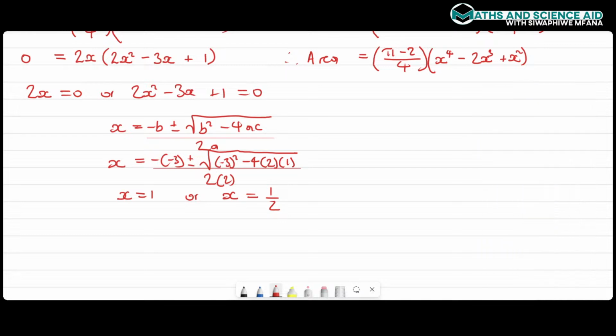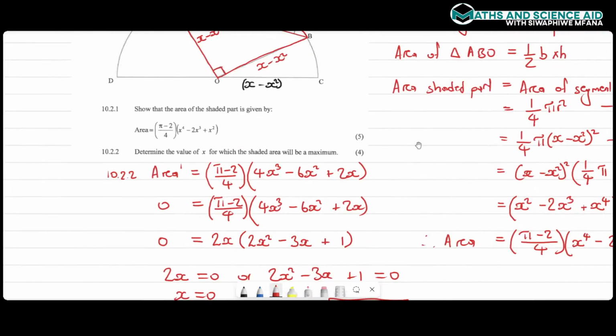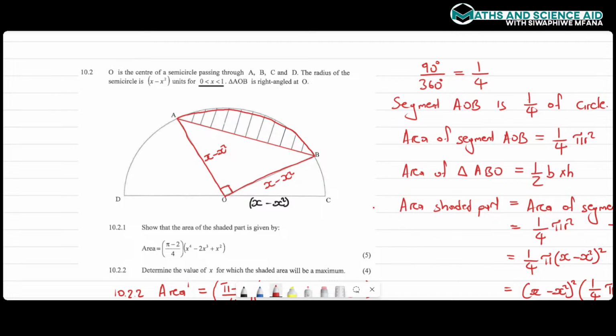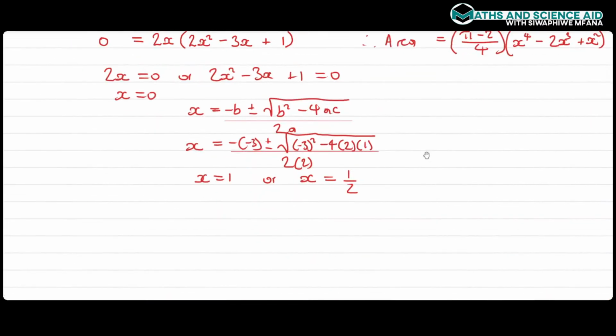Okay, so these are our x values, but now we need to make a selection. Obviously, from the 2x equal to 0, it means that x equal to 0. So remember, on the statement, we were told that x is greater than 0 but less than 1.